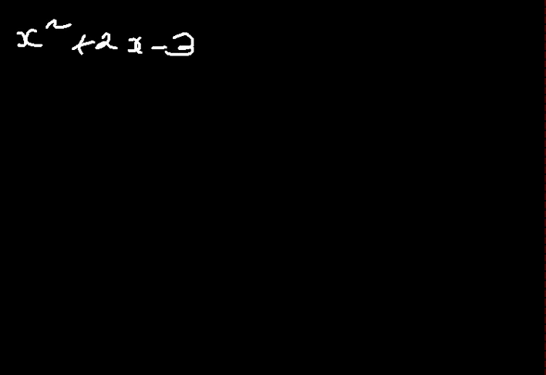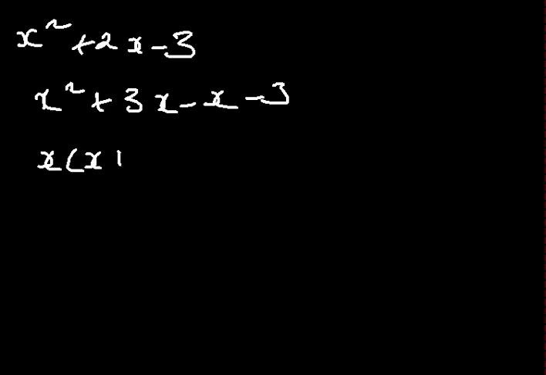We can factorize this the way we factorize quadratic expressions, in the sense that we look at the factors of negative 3 that, upon adding, will give a positive 2. So that is a 3 and a negative 1.